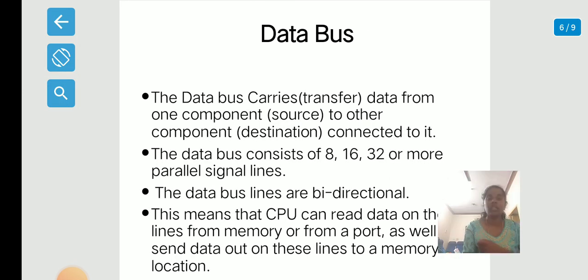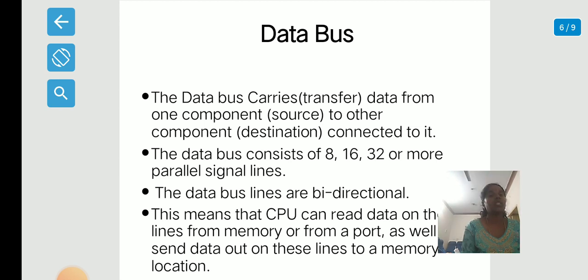Data bus. The data bus carries or transfers the data from one component to another component. The data bus consists of 8, 16, 32 or more parallel signal lines. The data bus lines are bidirectional.